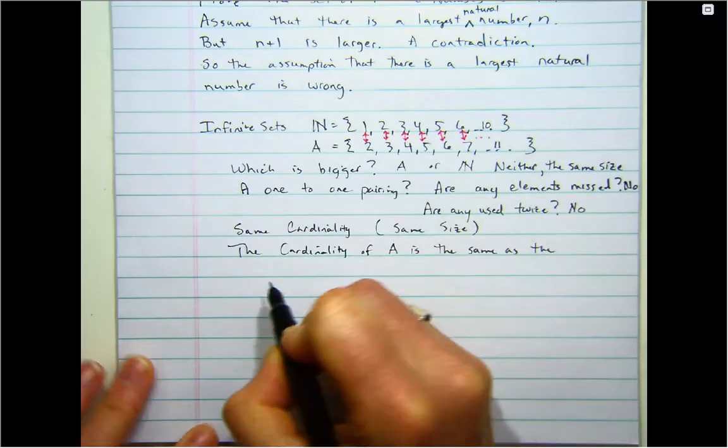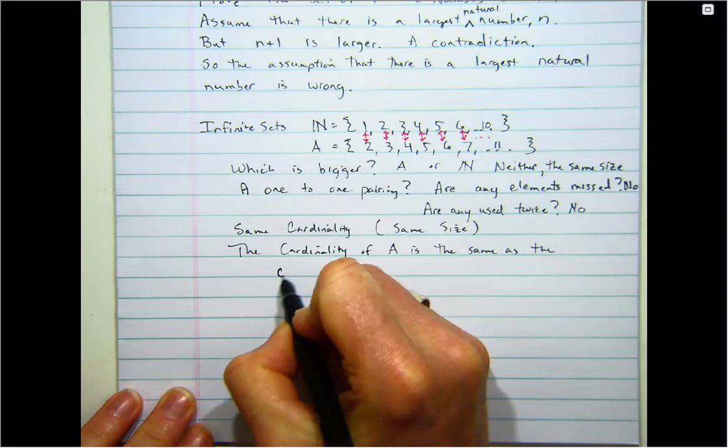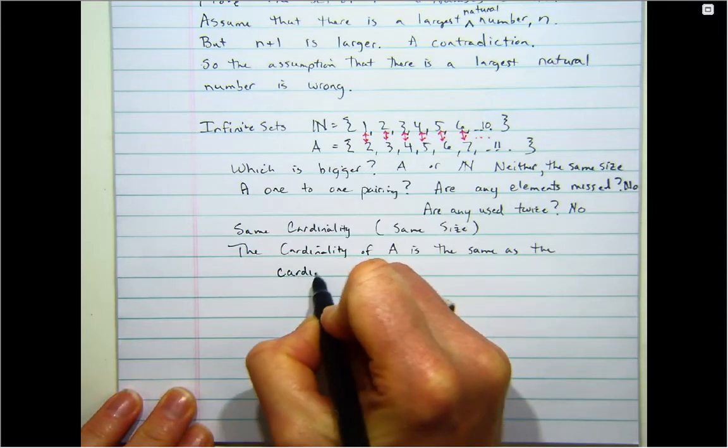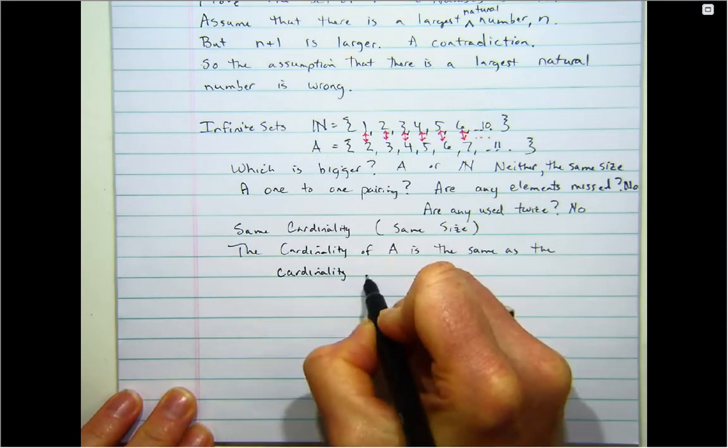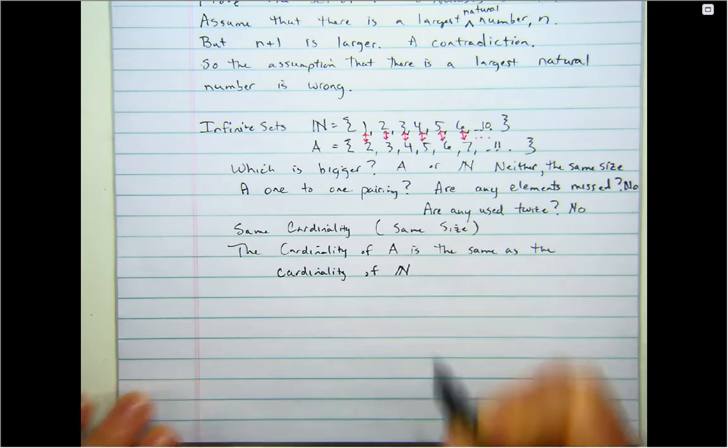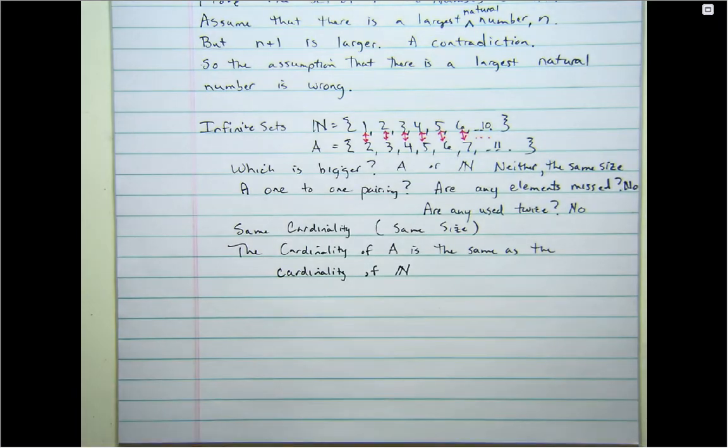The cardinality of A is the same as the cardinality of N. And since we all know what N is, we can picture that A has the same cardinality.